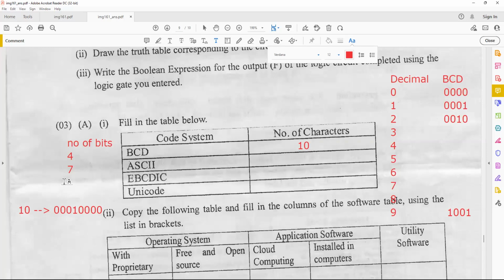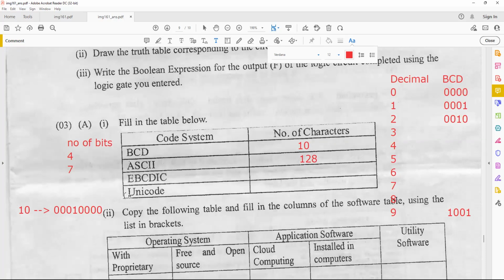We have discussed question 3, part A, and what we have discussed so far is the use of coding systems and the number of characters. In ASCII, we are using 7 bits, and the number of characters is 128. Good.